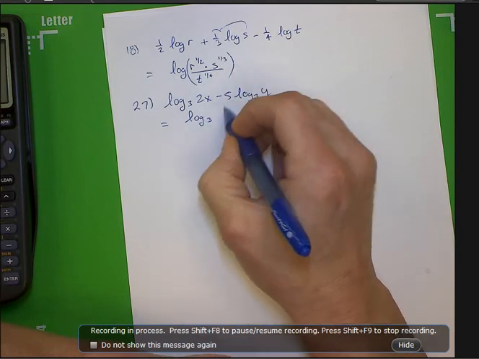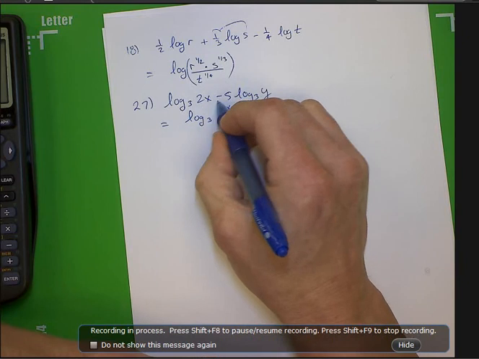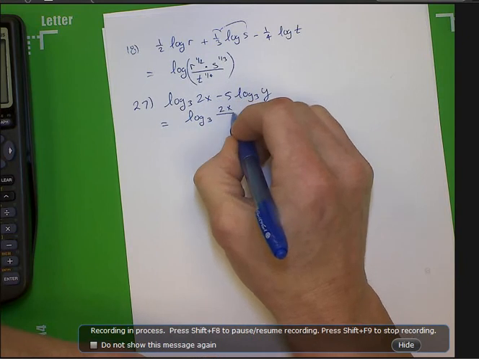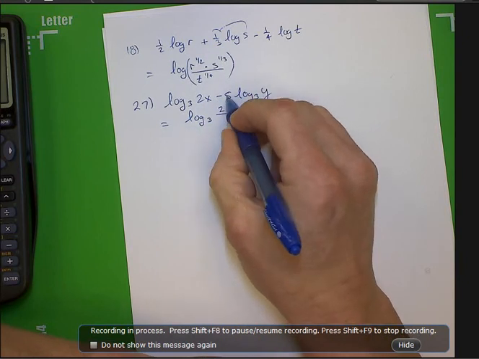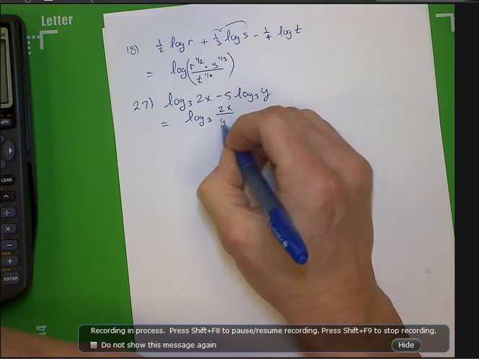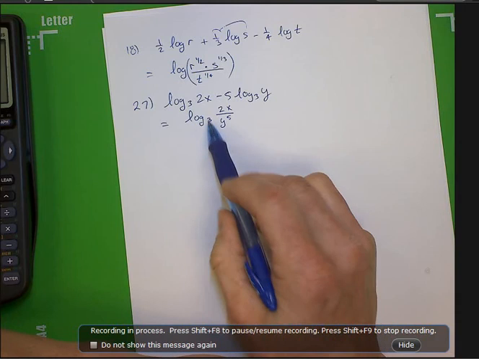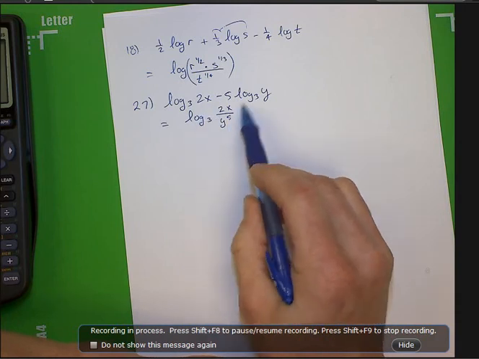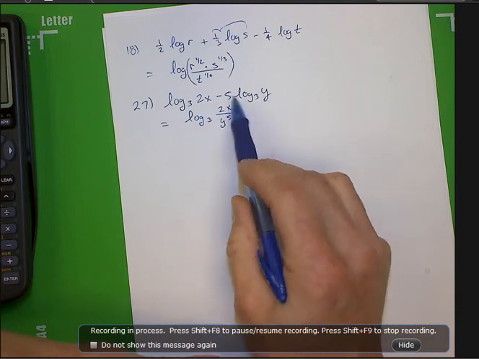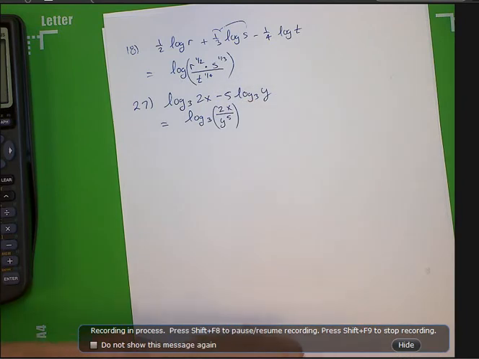Now the 2x is going to be in the numerator, and I'm going to divide that by, now this 5 that's out here, remember, comes out as an exponent. And so it's going to be log base 3 of 2x divided by y to the 5th. So there you go.